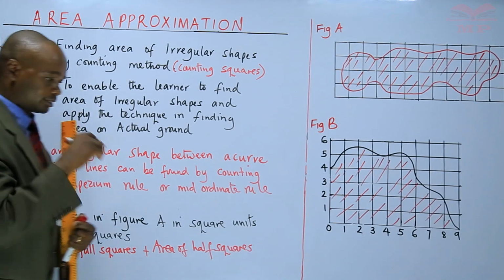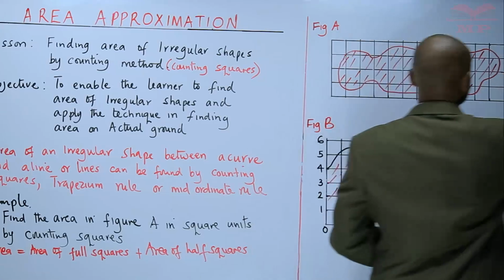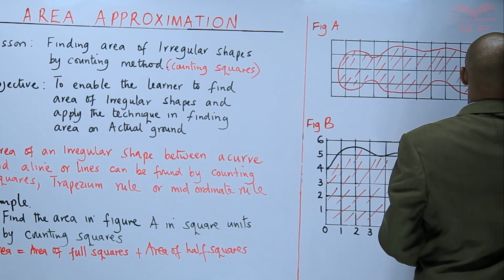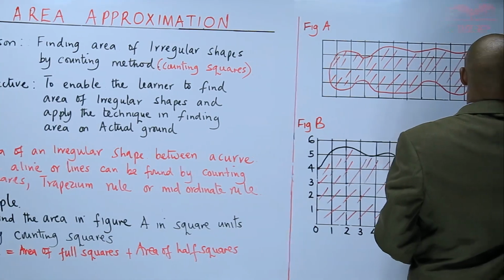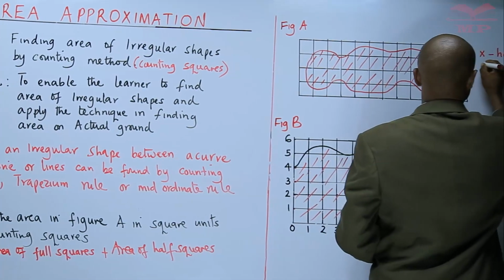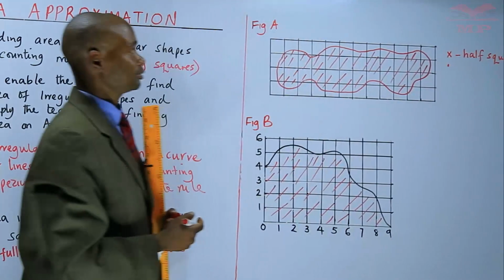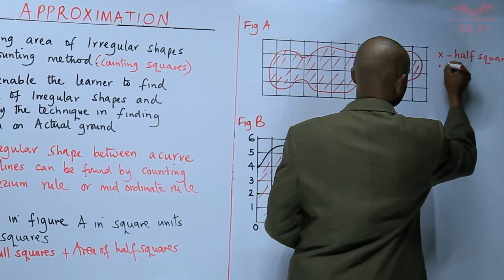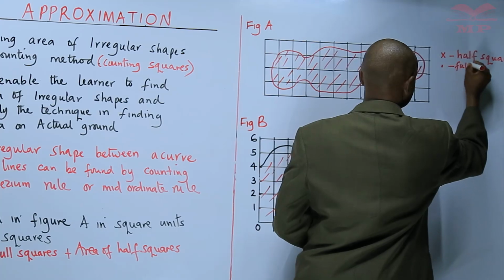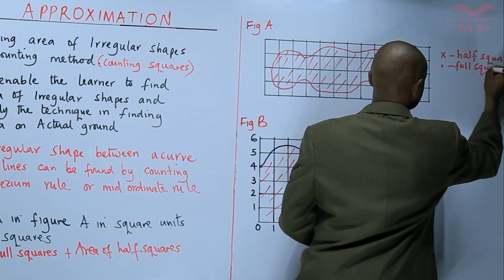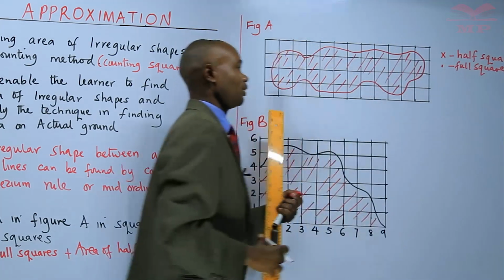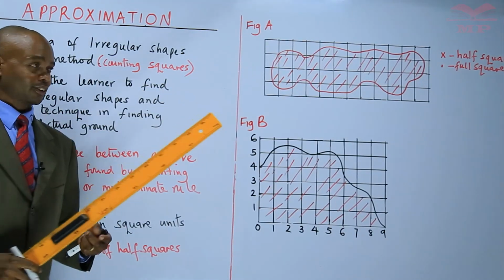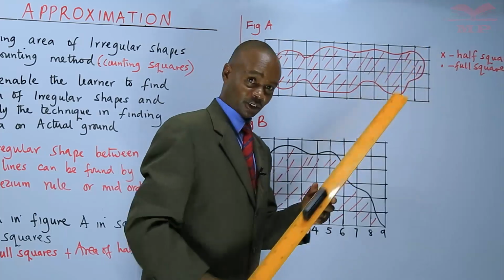So I'll go there, I'll mark these. If you see that, that is a half square. And if you see a dot, that is a full square. After getting the half squares, I'll multiply by a half because they are not full squares.